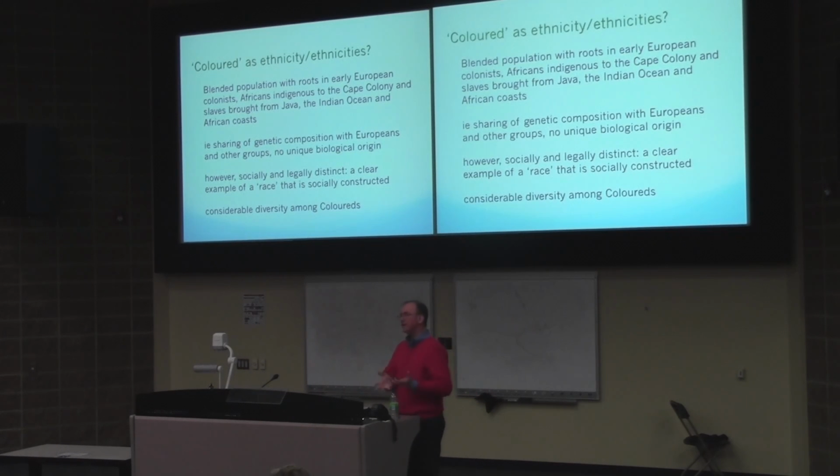It's a classic example of a race, legally defined as a race in South Africa, that doesn't have a genetic basis. It's clearly constructed. That's interesting for me because I'm a little bit worried about these genetic influences, and so having a group that's very blended is helpful to me. But very different social circumstances than the whites historically.